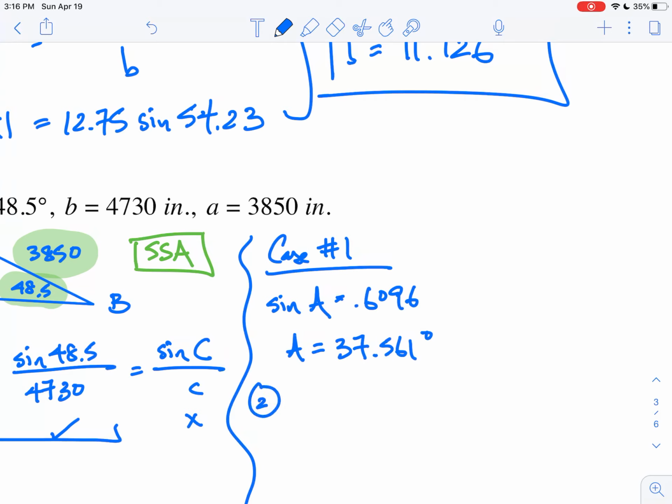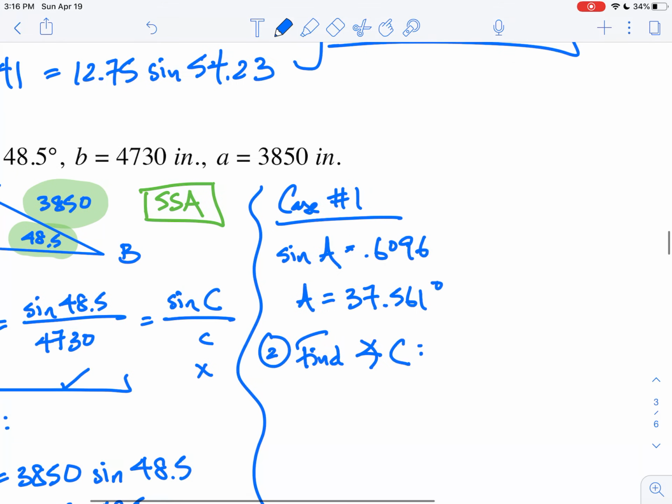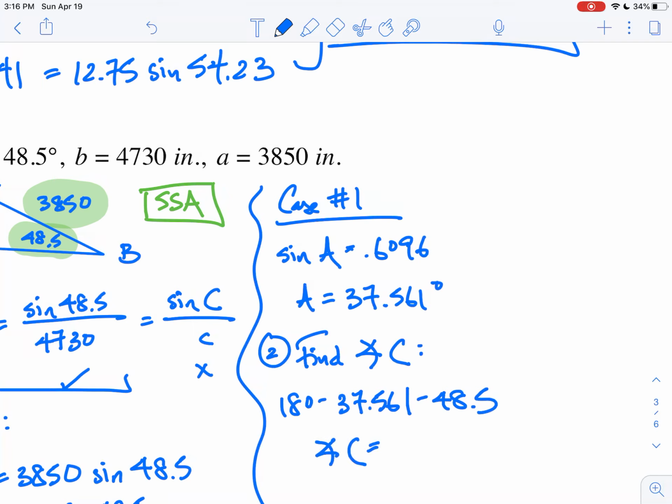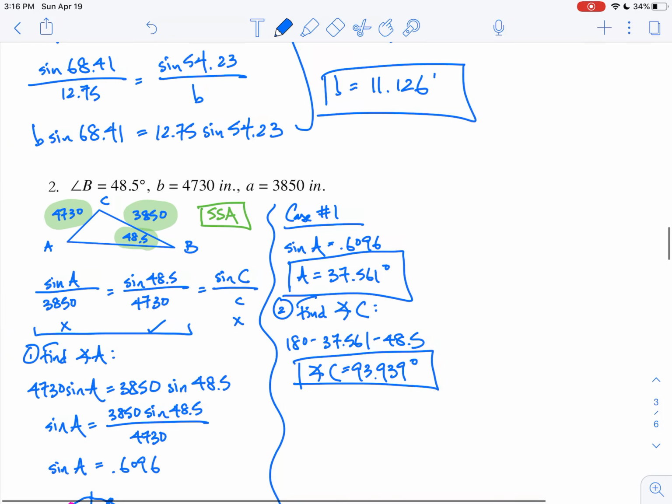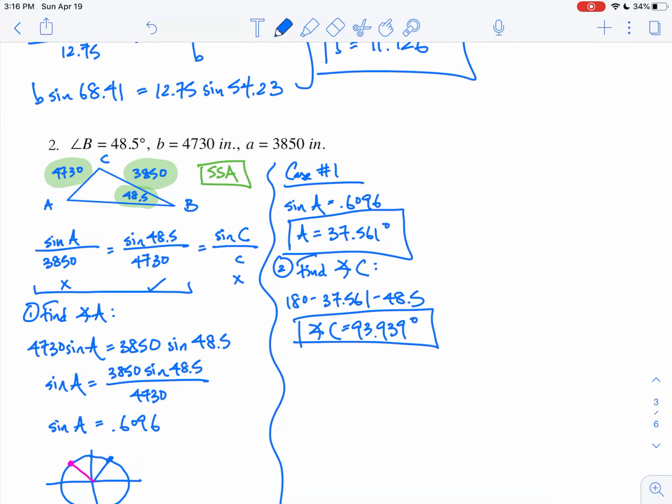Now, since we found A, let's go ahead and find angle C to make sure they can make a triangle. So 180 minus 37.561 minus 48.5. Let's see what that gives us. And I get an angle C of 93.939 degrees. So I have angle A, I have angle B, and angle C rather. So far things look good.